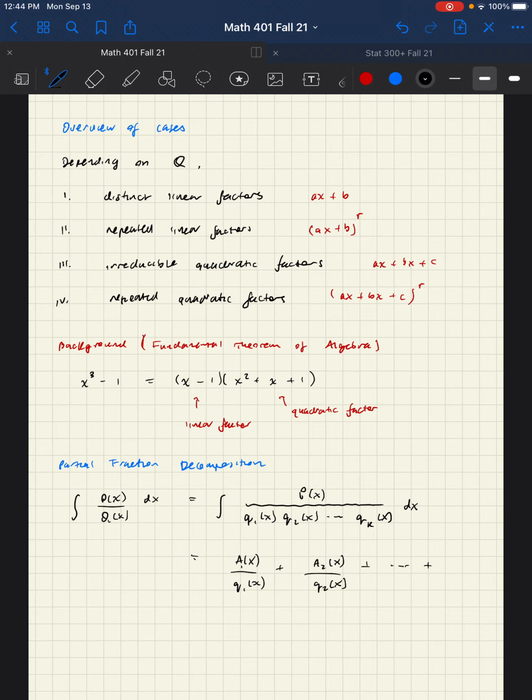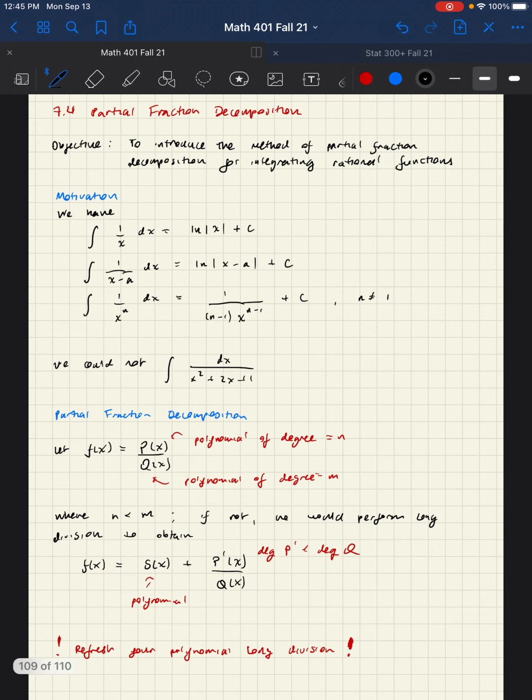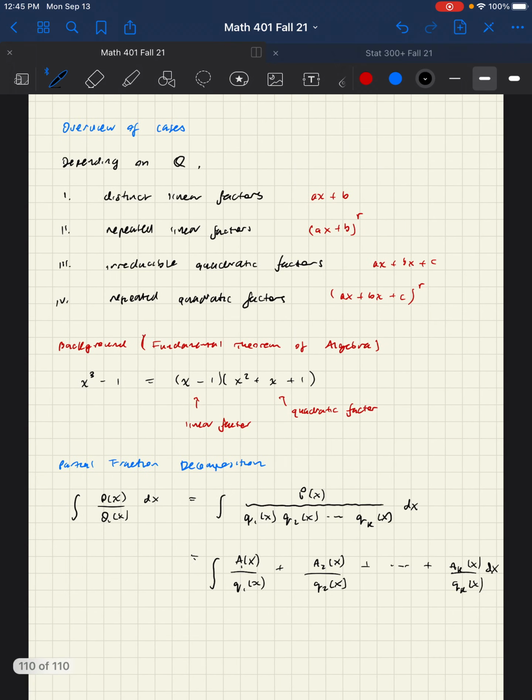So we're going to be able to actually split it up the way that we want to. And this will allow us to exploit other rules that we already talked about, for instance, natural log rules, power rules, and it'll allow us to actually integrate this. So we'll get into the specific details for each of these cases. Again, there are 4 distinct cases that we're going to focus on.